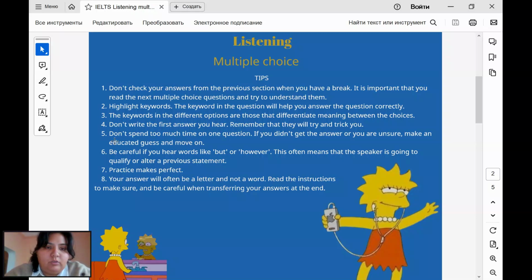5. Be careful if you hear the words but, like, or however. They're usually used to confuse you. Do not follow that confusion. Practice makes perfect. It applies to all of the questions.